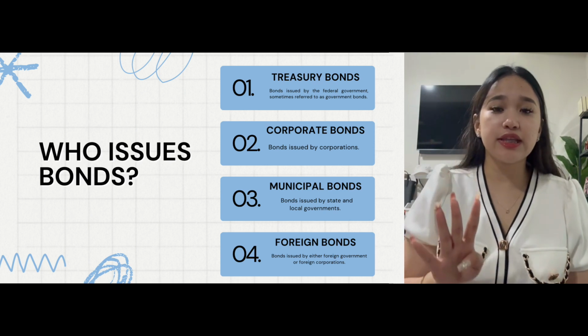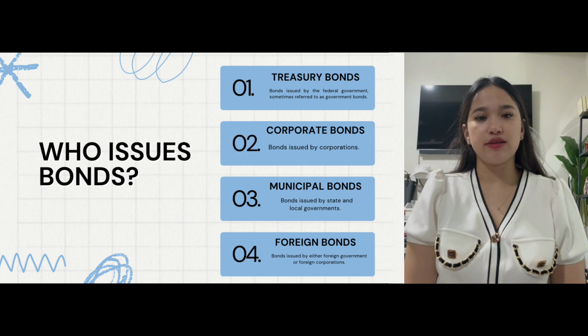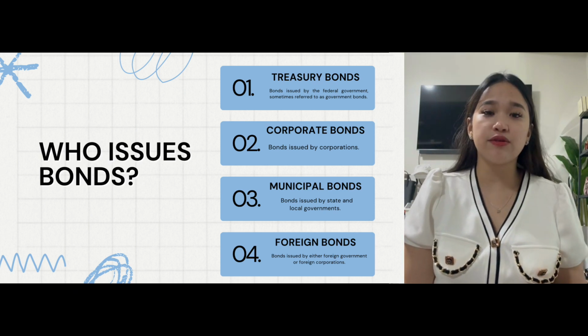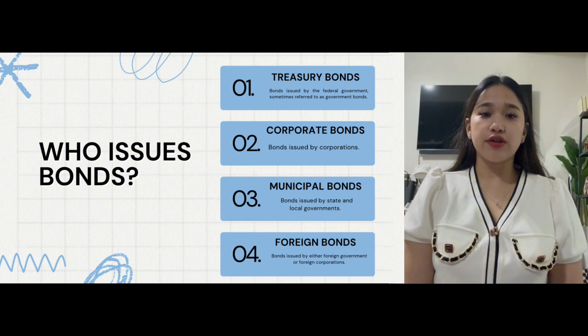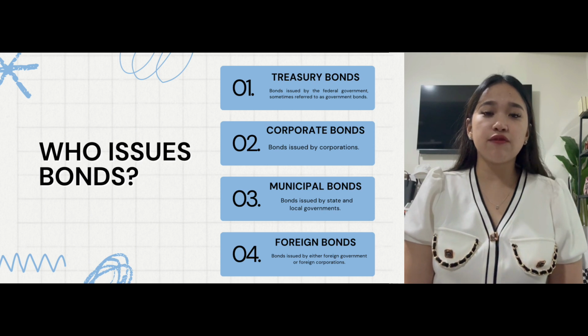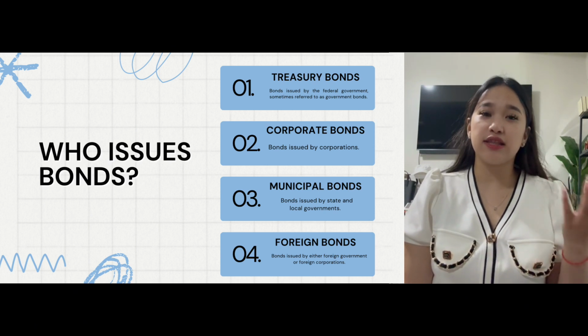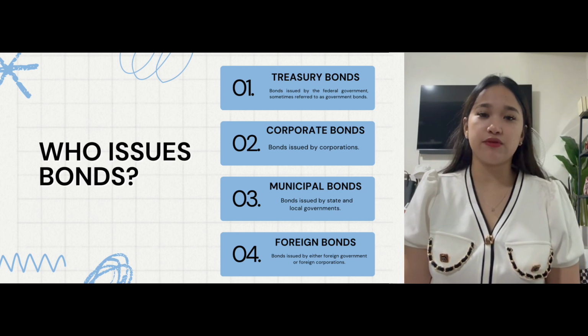And for the fourth and last one, we have the foreign bonds. They are issued by foreign governments or foreign corporations. Foreign corporate bonds are of course exposed to default risk, as are the bonds of some foreign governments.